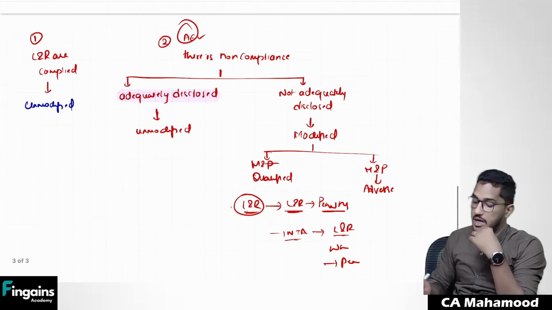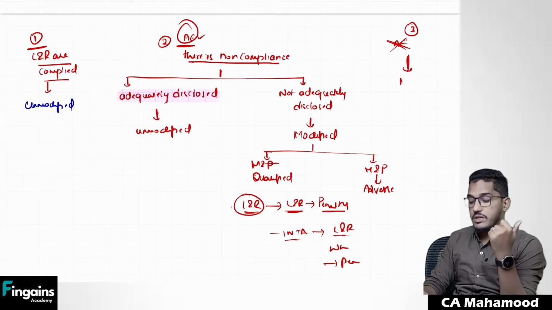Now, the third case. First case, you have obtained audit evidence that all the laws and regulations are complied with. Second case, you have obtained audit evidence that there is a non-compliance. Third case, the auditor is unable to obtain sufficient and appropriate audit evidence whether there is compliance with the laws and regulations or not. Unable to obtain audit evidence.